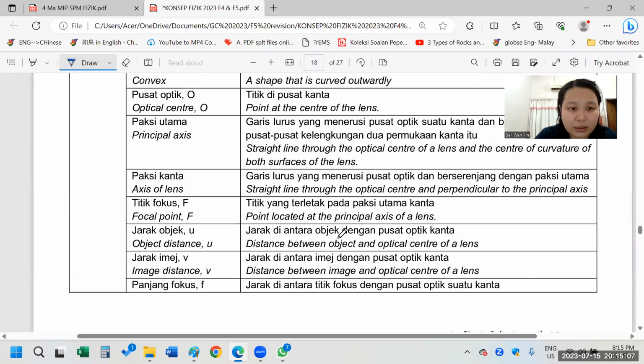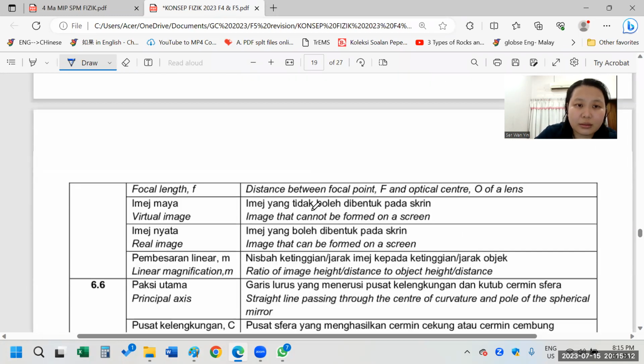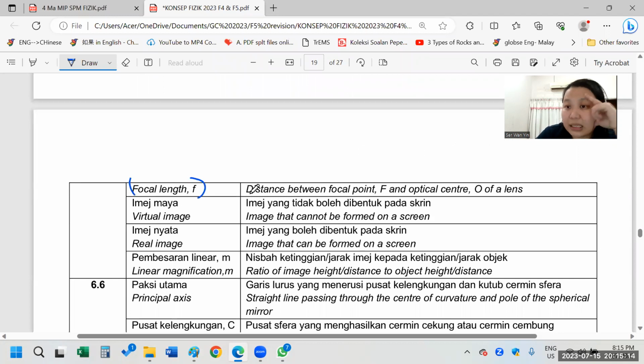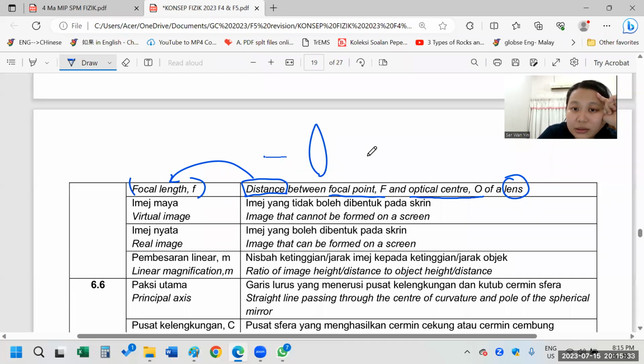Focus here. Focal length is the distance between the focal point and the optical center of a lens or a mirror. For example, this is a lens.